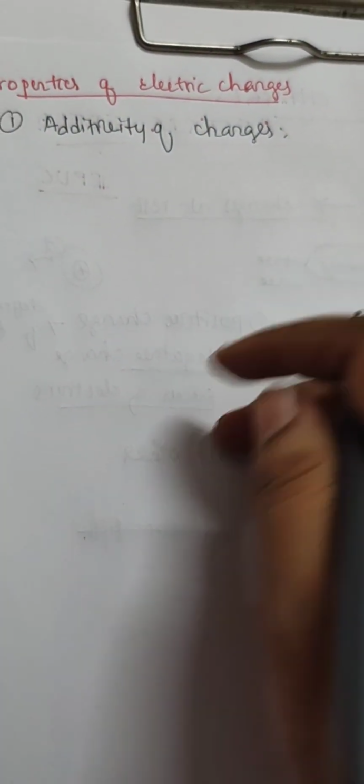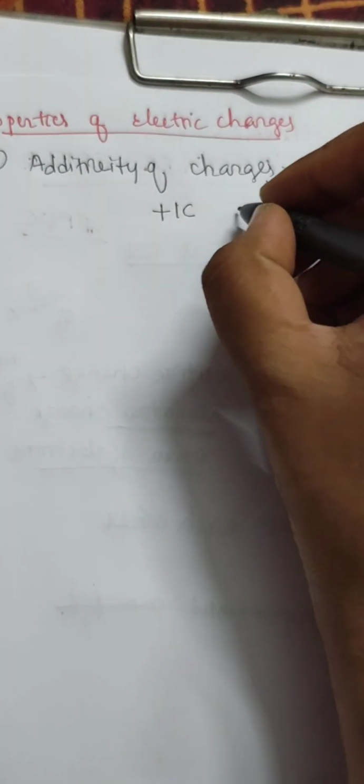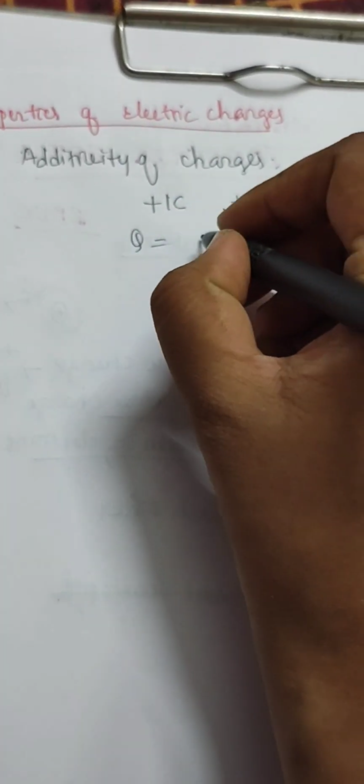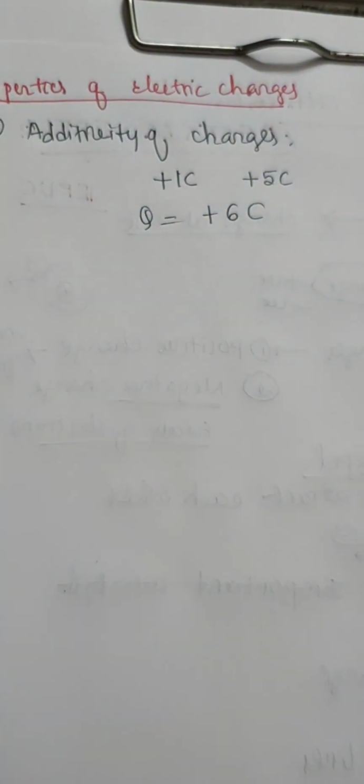That means charges can be added. Like if there is a charge of plus 1 coulomb and a charge of plus 5 coulomb, then we can tell the total charge is plus 6 coulomb.